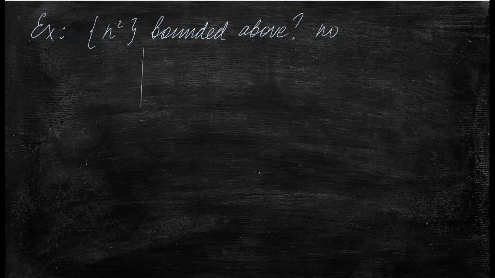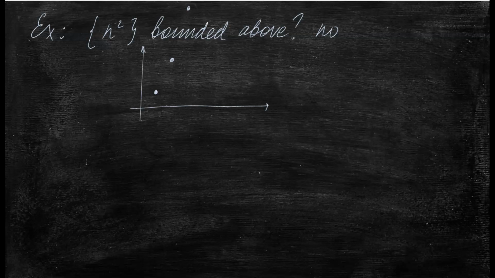Now let's investigate whether n squared is bounded above. The answer is no. And why is that? Because if you try to visualize this sequence, you're going to see it is 1 at 1, 4 at 2, and so on. It resides on this y equals x squared graph, which doesn't have an upper bound.